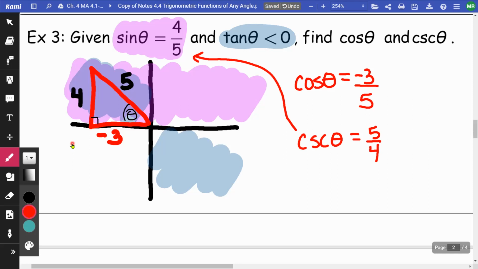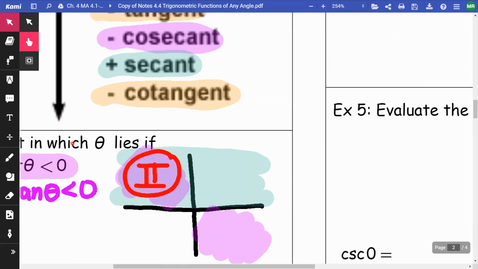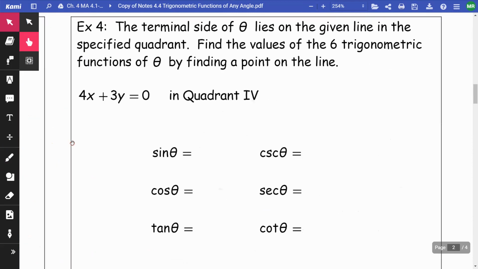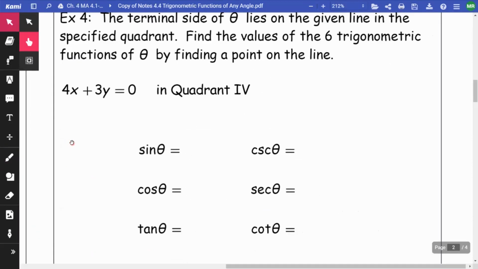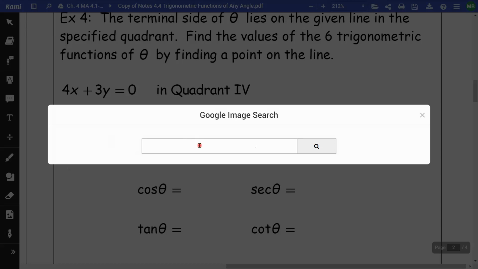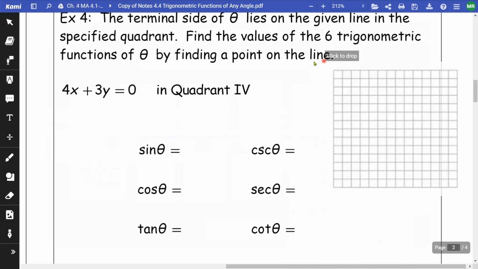Now, on the next section, here we're going to be thinking about a graph of a line. Okay, we can add on a graph if we want. So again, blank graph. And let's just say I grab this one again.